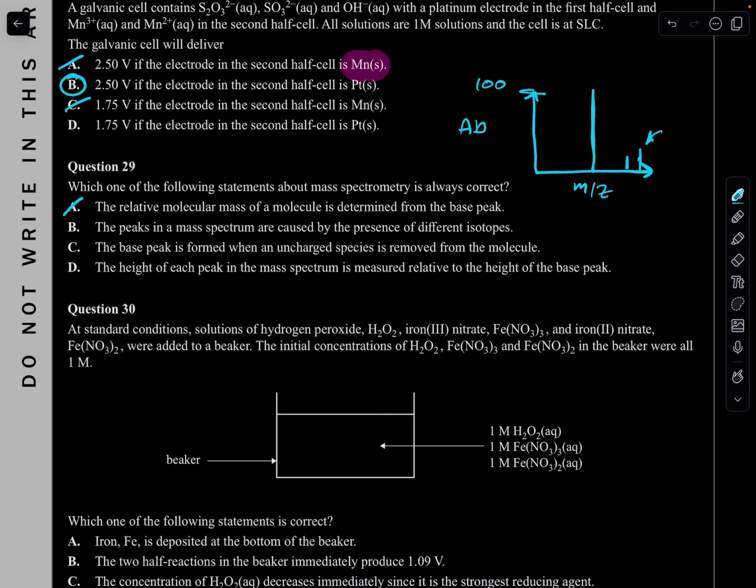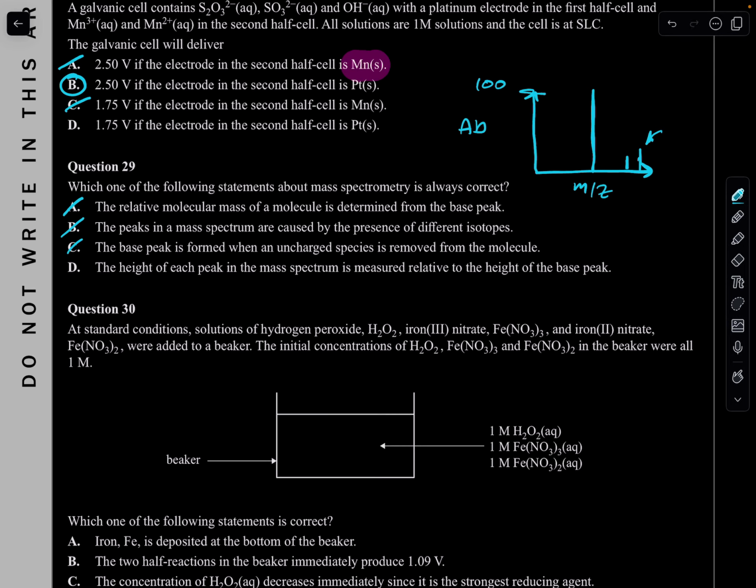When you're saying isotopes, it's like increasing the molecular mass. It doesn't make sense. C: The base peak is formed when an uncharged species is removed from the molecule. No. Look at the word uncharged. Remember, they're fragments. They're always positively charged fragments. Yes, it is removed from a molecule, that's good, but it says uncharged. They are actually positively charged.